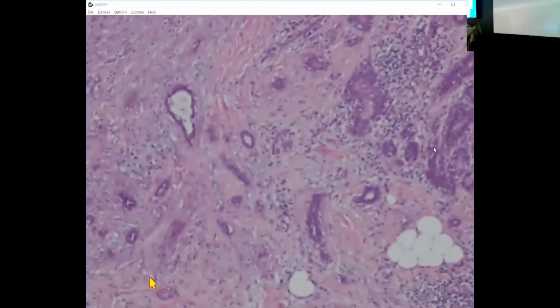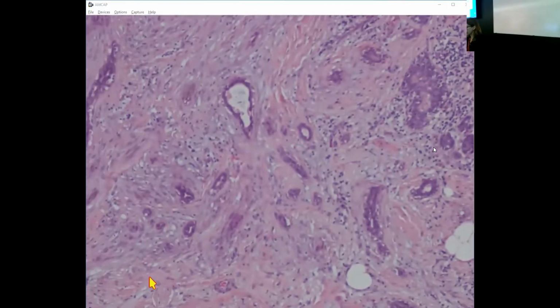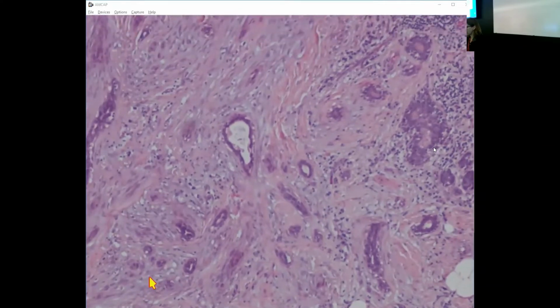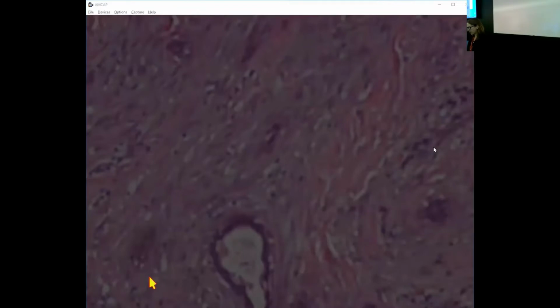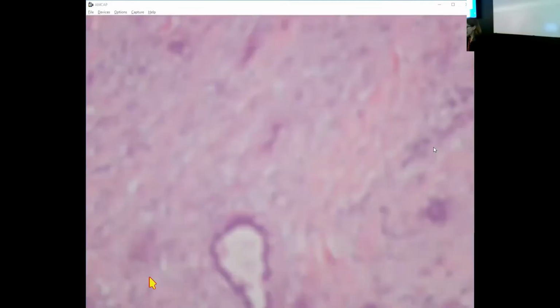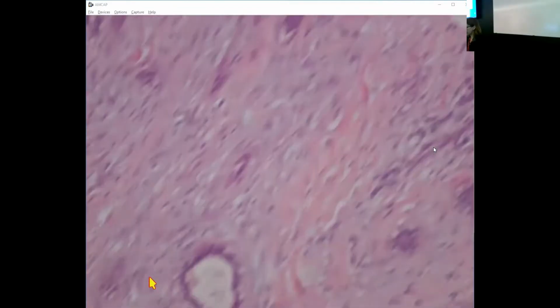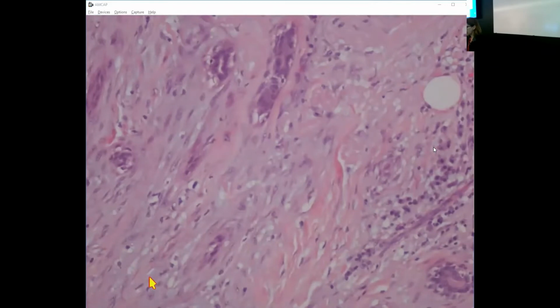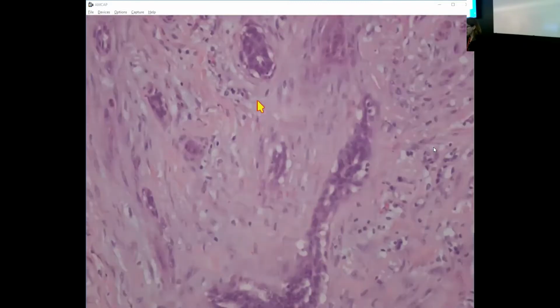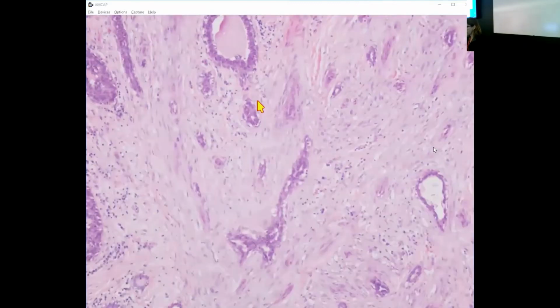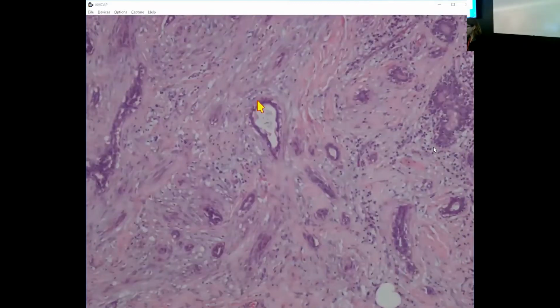The elements within the center, as I said, if you just had this area, it can be a little bit tricky, but we look on high power, sorry, I keep forgetting the condenser, and you can see that in some areas you might be able to fairly confidently recognize a myoepithelial cell layer, but it's really more the whole lobular centricity, the architectural arrangement, the fact that nothing's extending beyond.